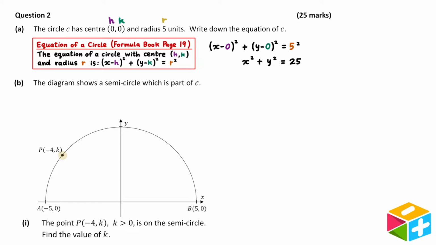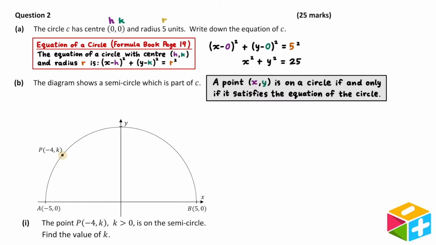So we're told that this point P is on the circle. There's a helpful fact which will allow us to use this information. A point (x, y) is on our circle if and only if it satisfies the equation of the circle.